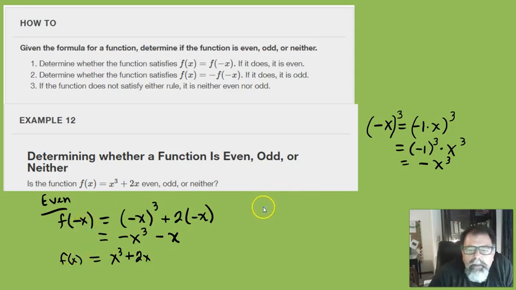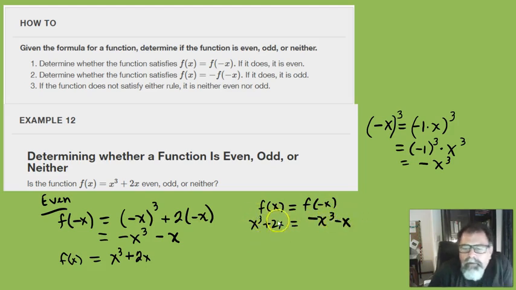Is negative x cubed minus 2x equal to x cubed plus 2x? Are these equal to each other? Sorry, I got lost in my thought for a second there. Okay, so are these equal to each other? And the answer is no, they're not. So it's not even. Okay, now we're going to try the odd one.